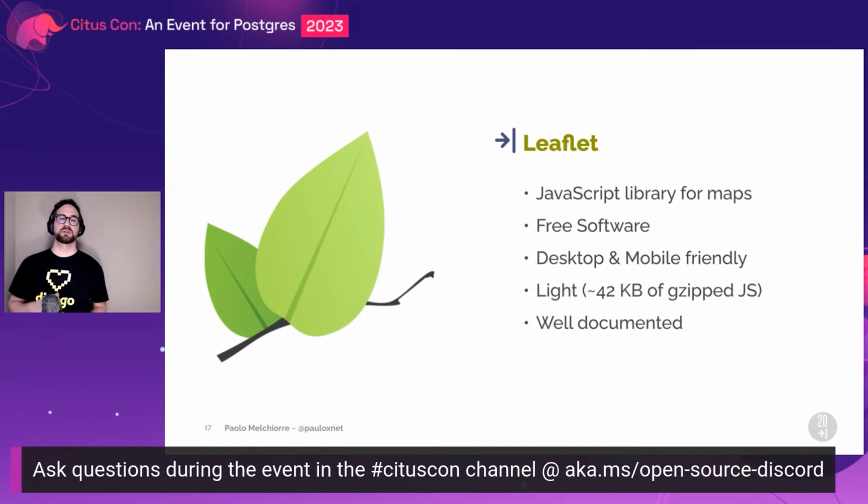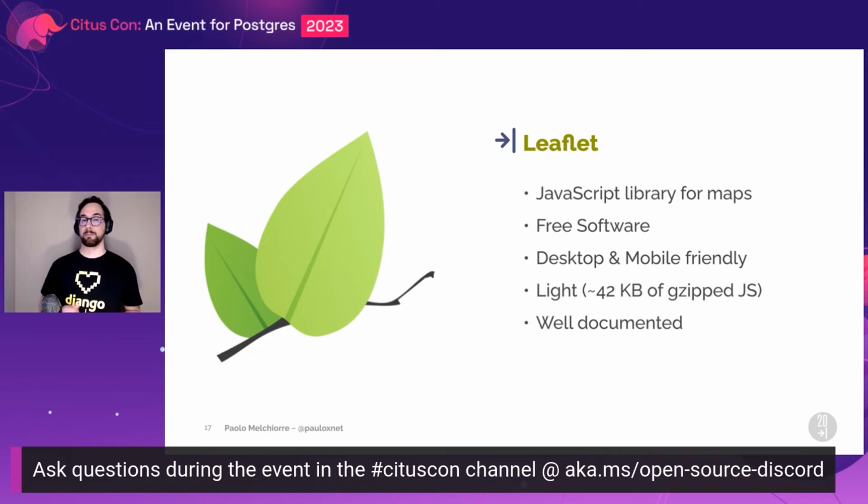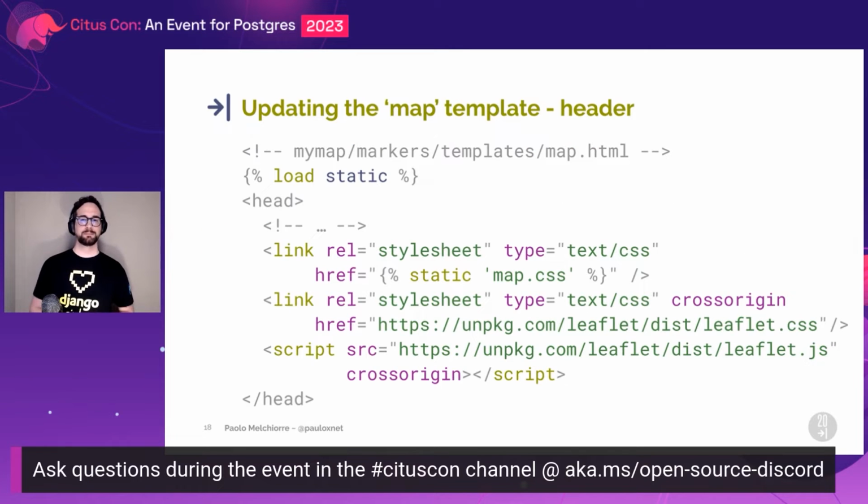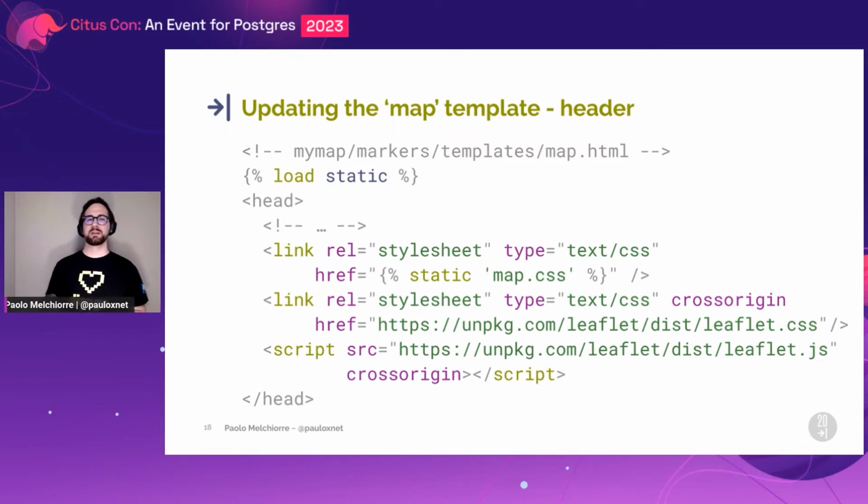Leaflet is one of the most used JavaScript libraries for web maps. It's free software and it's desktop and mobile friendly. Leaflet is very light. It has very good documentation that you can read online. To use Leaflet, we need to link in the head its JavaScript and CSS modules in our template. In addition, using the Django static template tag, we also link our custom CSS file.